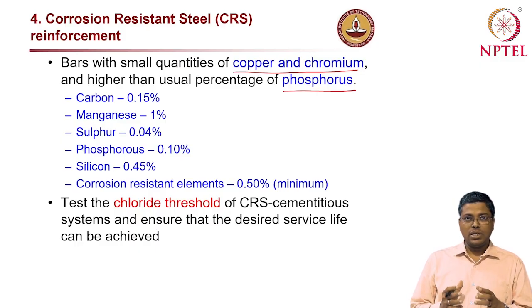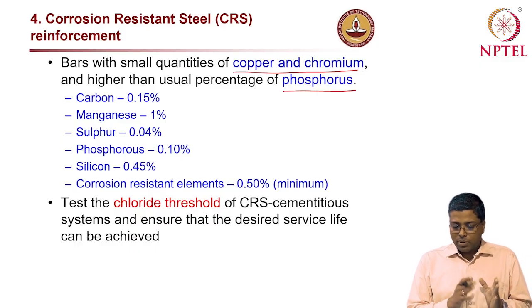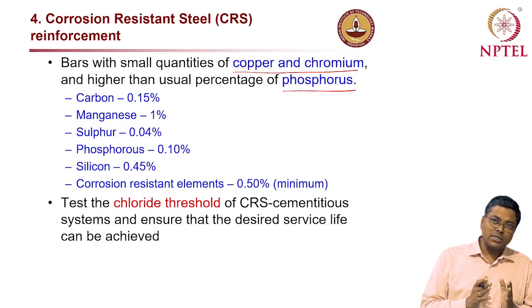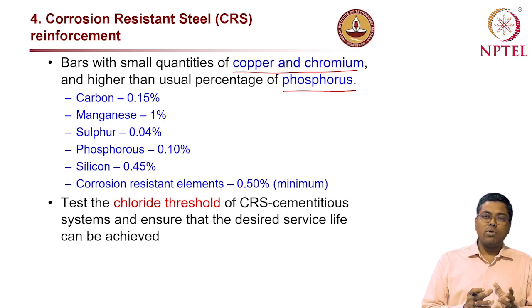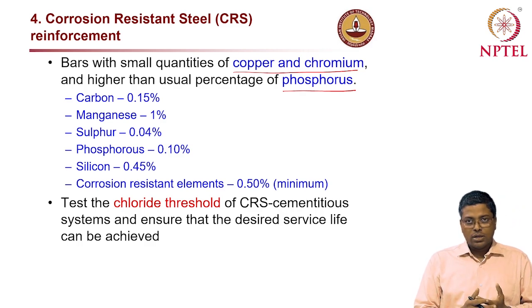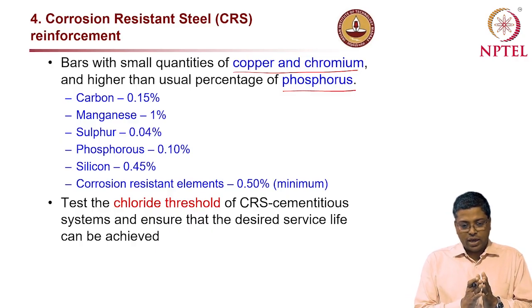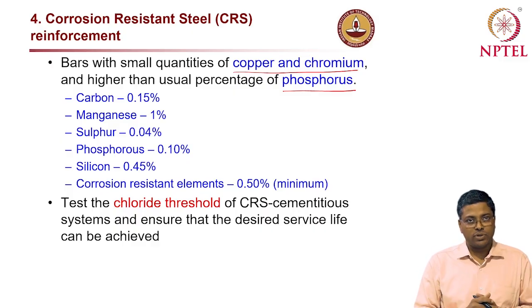it is not the corrosion rate which is the key factor. It is an important parameter, but additionally we must ensure the chloride threshold, or the amount of chlorides required to initiate the corrosion. Because when you talk about the service life, the initiation phase is the one which really governs the life of the structure.